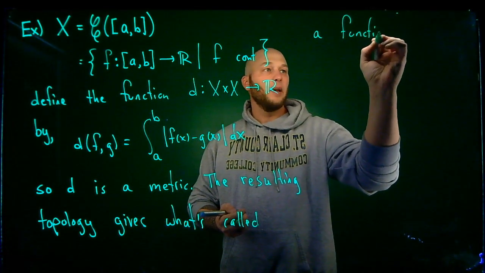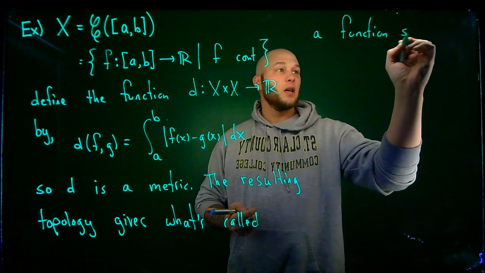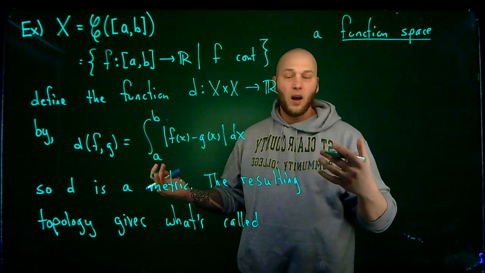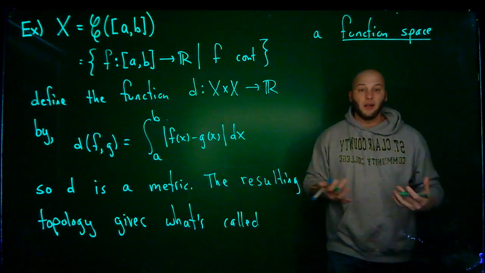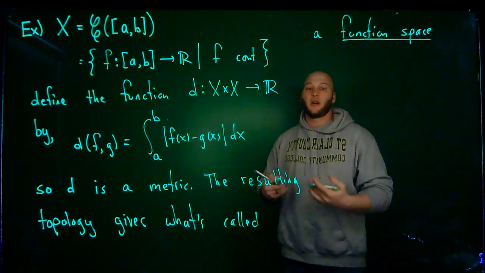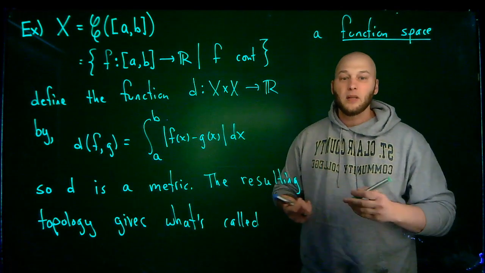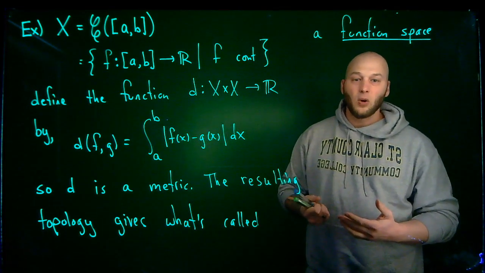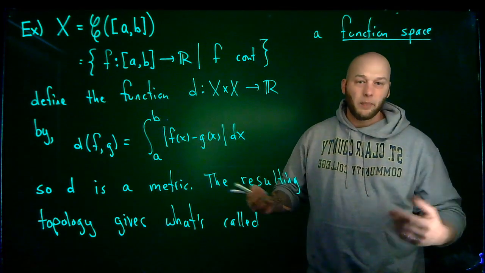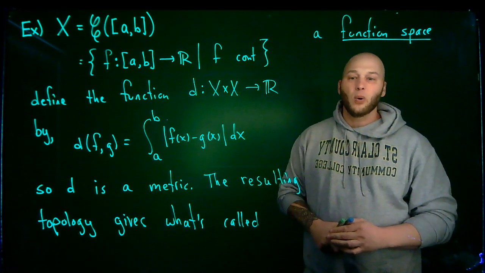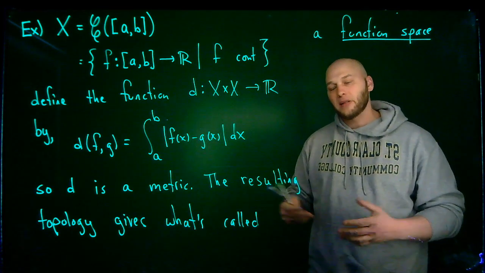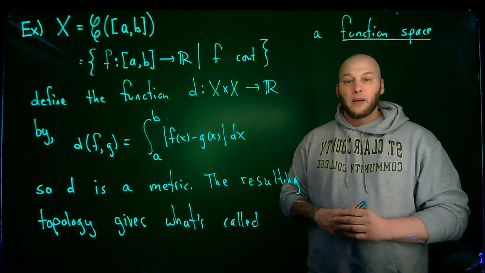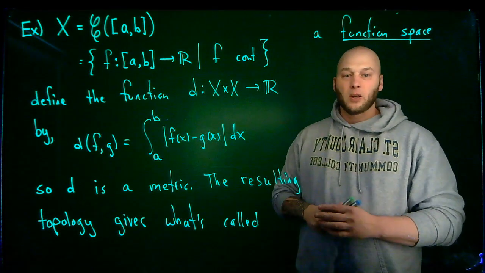So it's a topological space where the underlying elements in the set are functions, and then the topology consists of sets of functions, right? But anyway, this is a topological space that you will discuss in your real analysis, complex analysis, functional analysis courses. So in other words, in mathematical analysis, function spaces come up very frequently. So this is one that you will be exposed to in those courses.